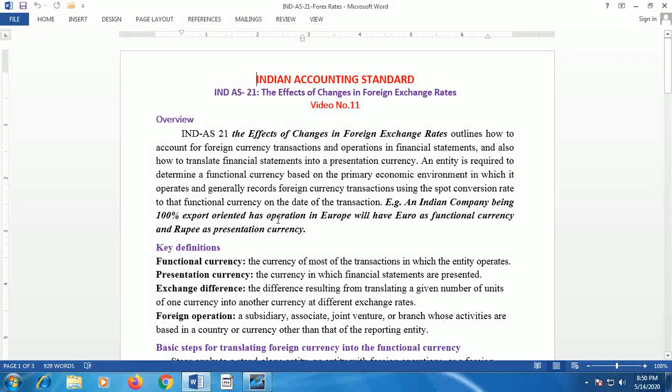For example, an Indian company with 100% export-oriented operations in Europe will have euro as functional currency and rupee as presentation currency, because the Indian company has to present its financial statements in rupee and it operates in Europe, and hence it will have euro as functional currency.